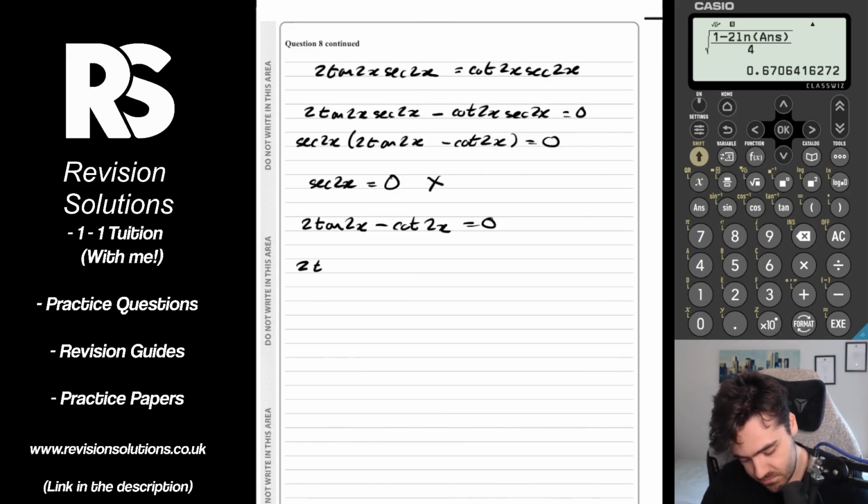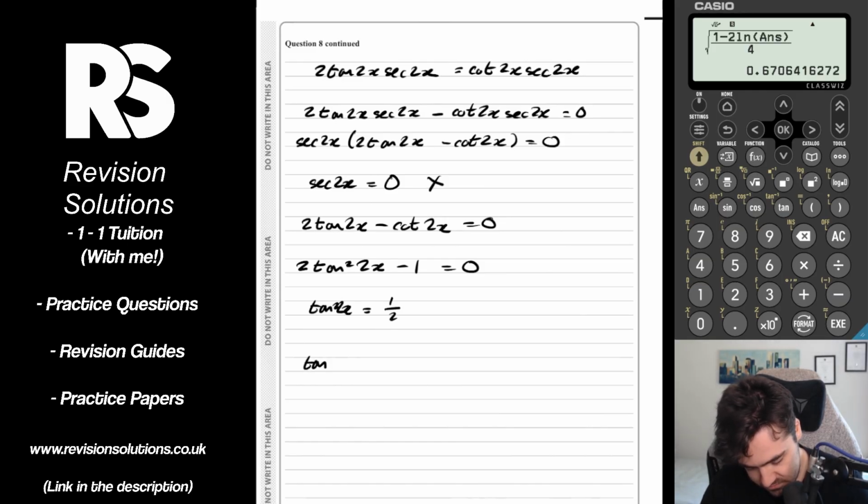That would give us 2 tan squared 2x minus 1. Then if we rearrange that, we'd get tan squared 2x equals a half. So tan 2x is going to be plus or minus 1 over root 2.